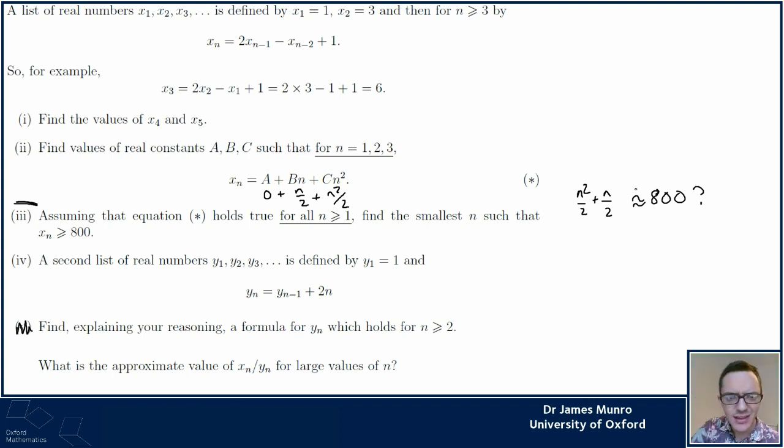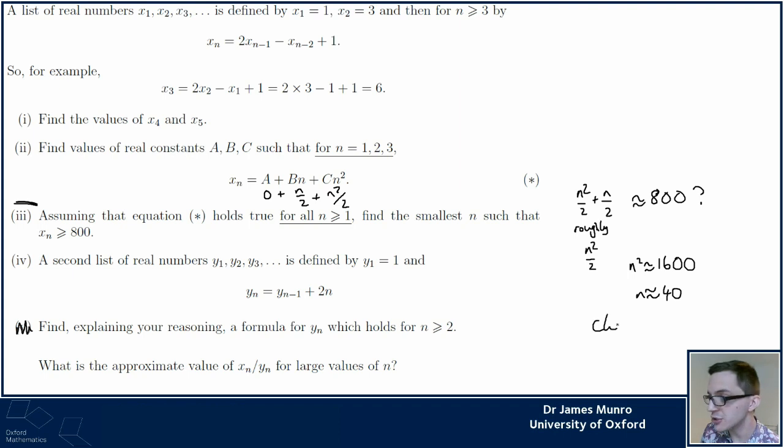If n is quite big, then the thing on the left is roughly n squared over 2, because n squared is much bigger than n if n is big. So I want n squared to be roughly equal to 1600. So I expect n to be about 40.